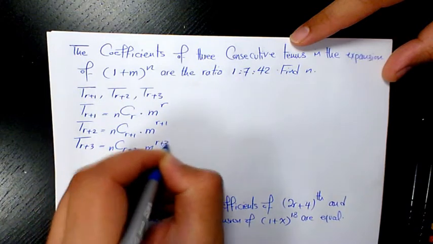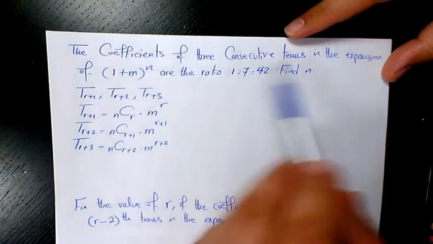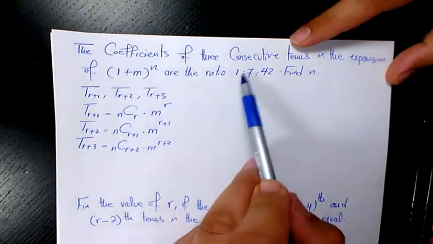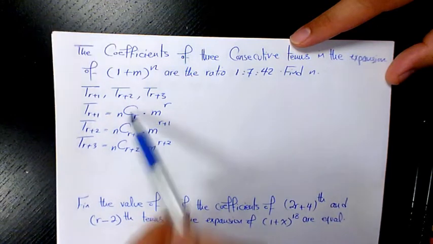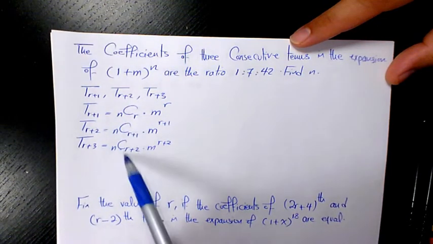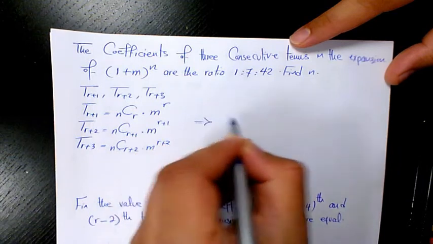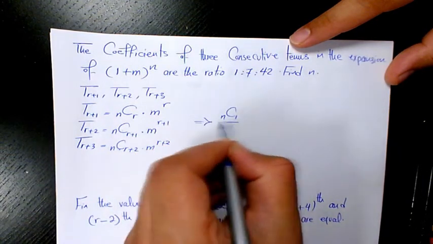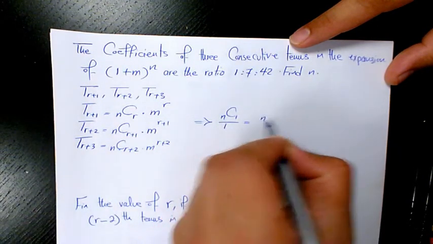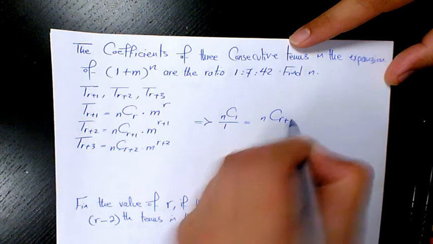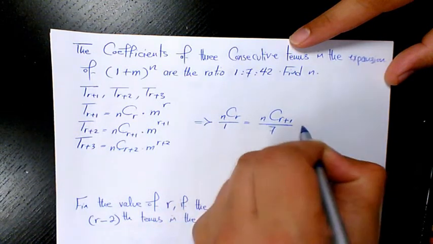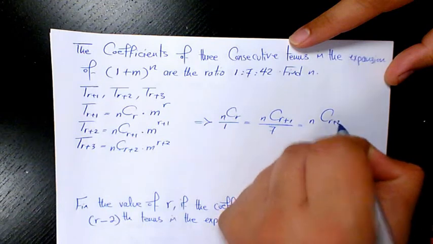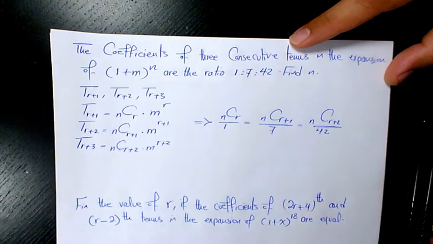Same thing here. Here it says the coefficients are in the ratio of 1, 7, and 42. So we have these three. It's going to be 1, 7, and 42. It means that nCr over 1 equals nC(r+1) divided by 7 and nC(r+2) divided by 42.